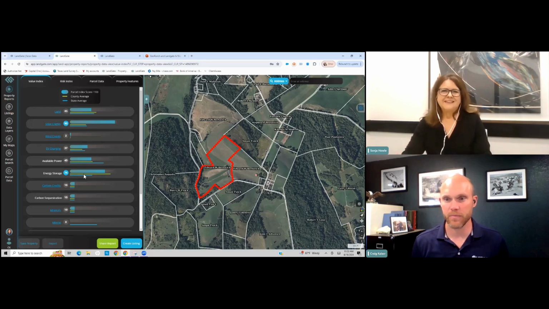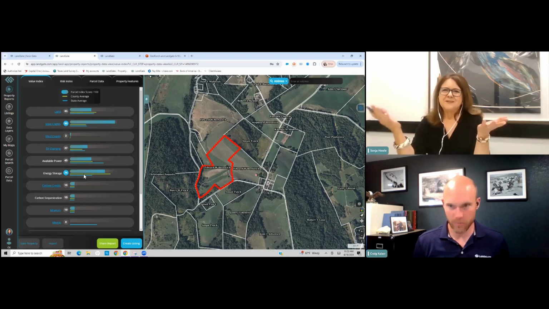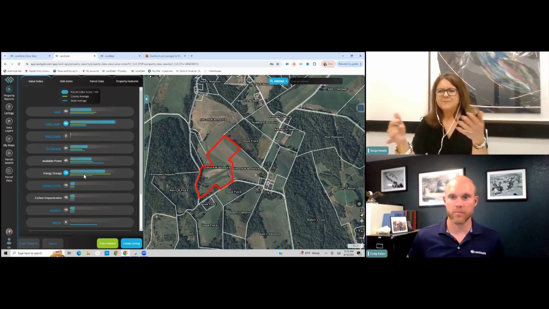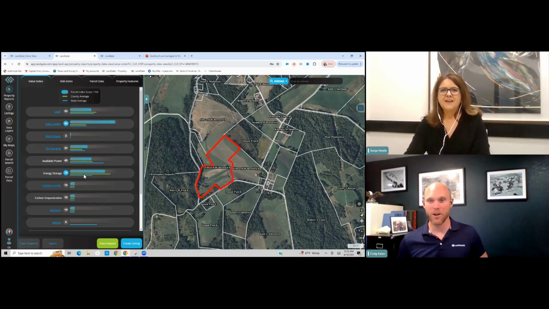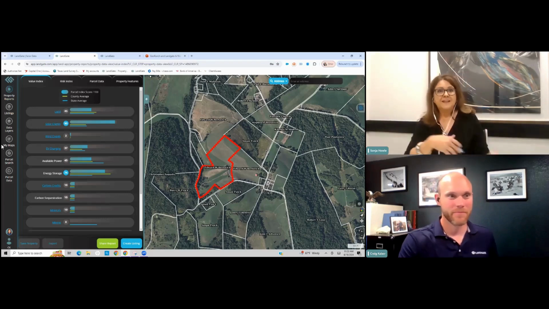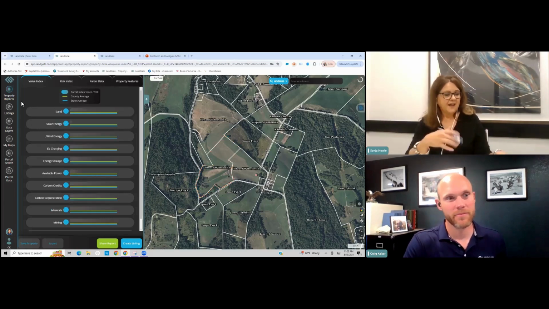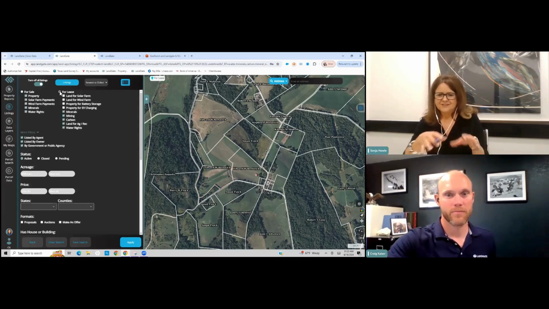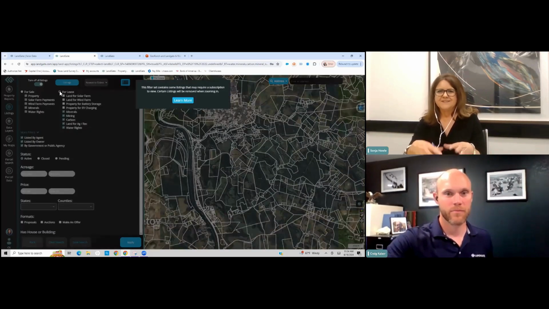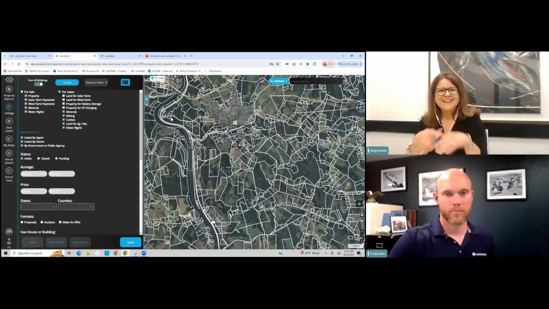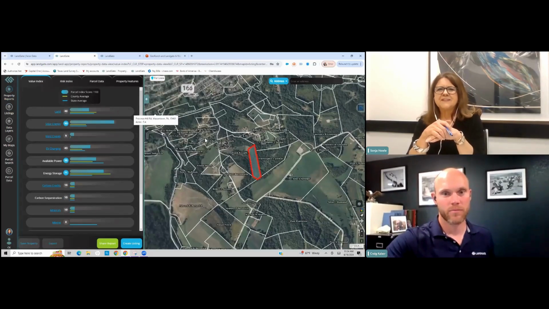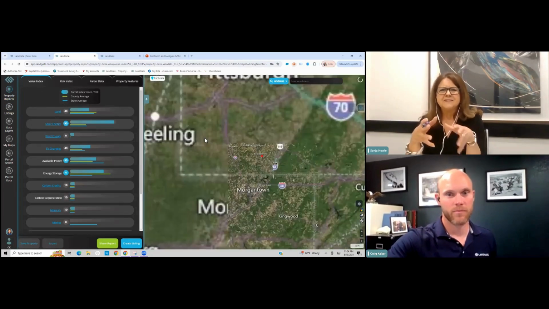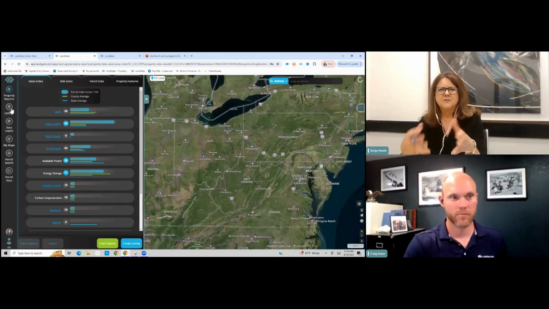Well, and that's why we need a land for lease or land opportunity site. We're probably more focused on the Plains and West and more agricultural.